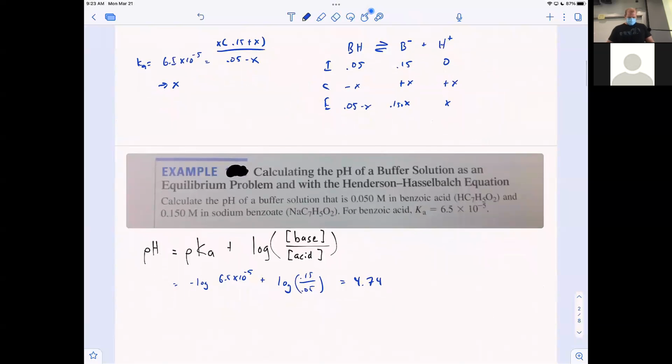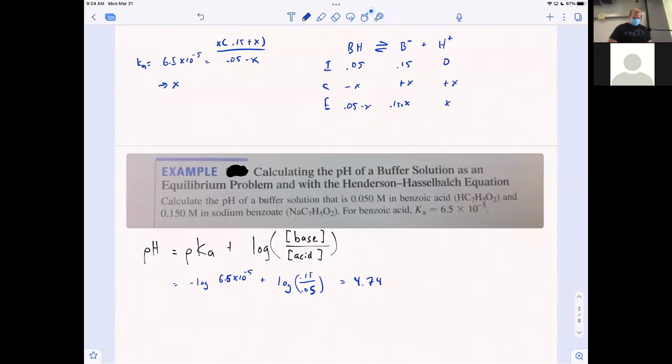This one is literally just plug-and-chug, right? You just use the equation, you plug in the values, and it spits out the answer. So hopefully for you guys, it's about time we had a nice softball thrown at us.